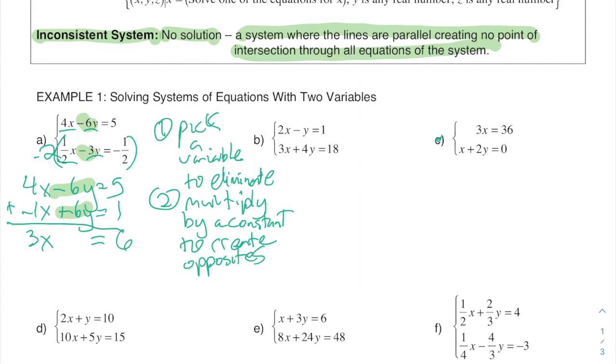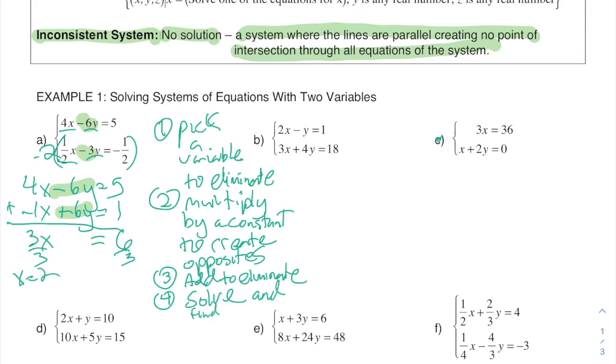So: pick a variable to eliminate, multiply by a constant to create opposites, add to eliminate, and then solve. I'm going to divide both sides by 3, so x is equal to 2. Then solve and find the remaining variable.